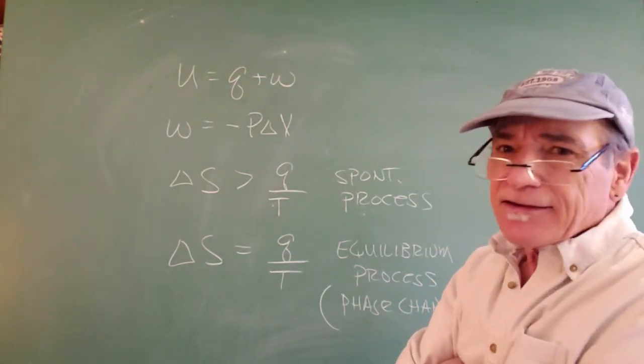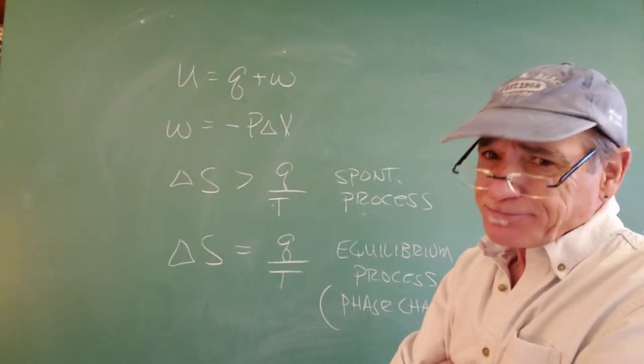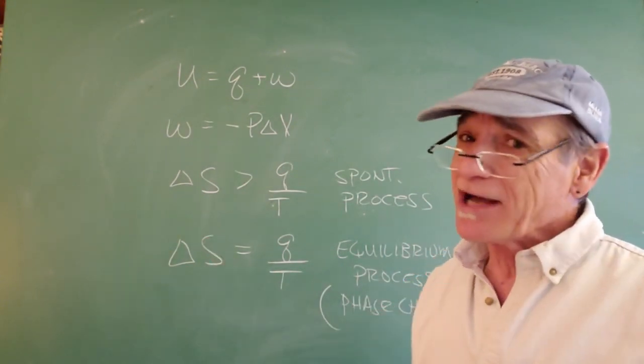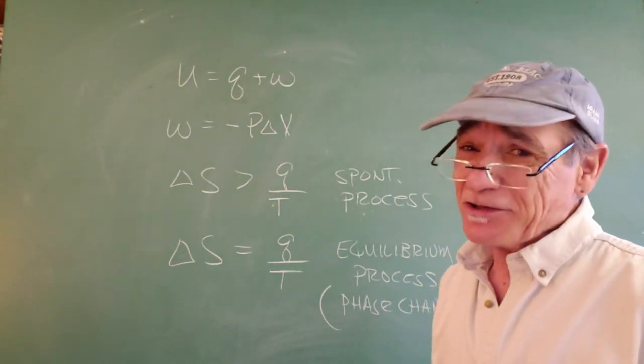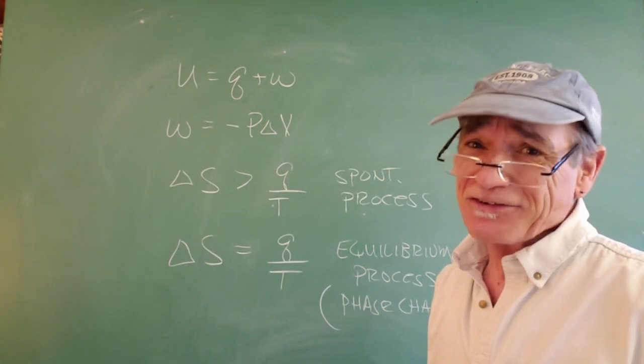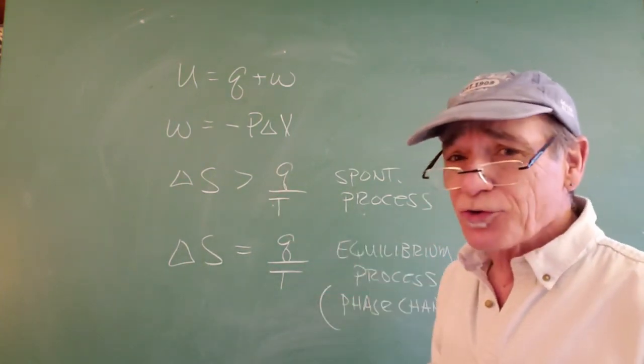And again, that's because of the second law, that the universe is a positive delta S system. That if you measure any spontaneous process, sure enough, the delta S is going to have to be greater than the Q over T.